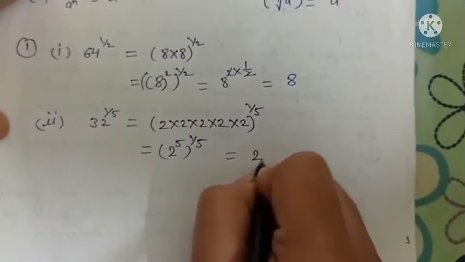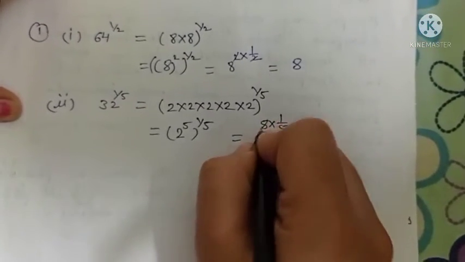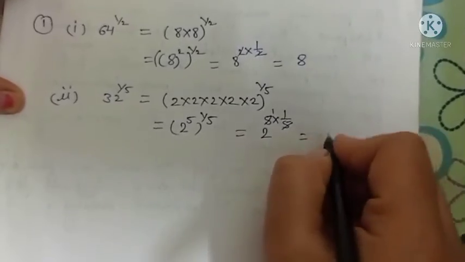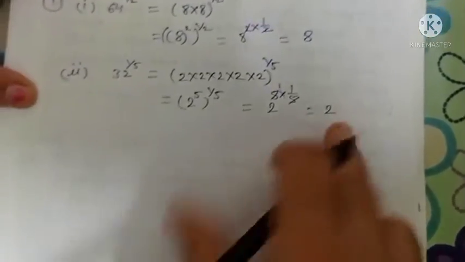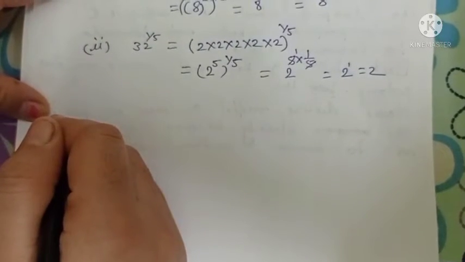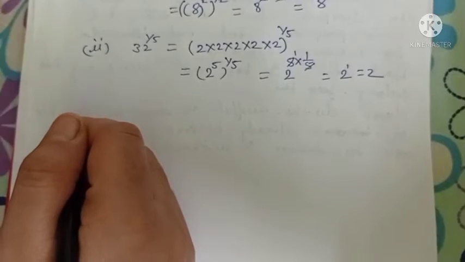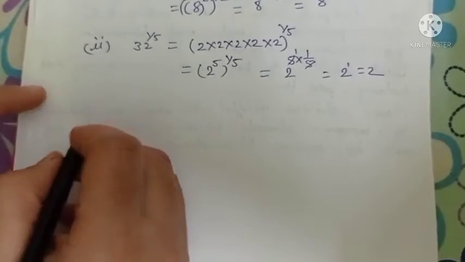The powers are multiplied, 5 into 1 upon 5, 5 is cut by 5, we get 2 to power 1, it means 2. Third question, similarly you can do the third question.